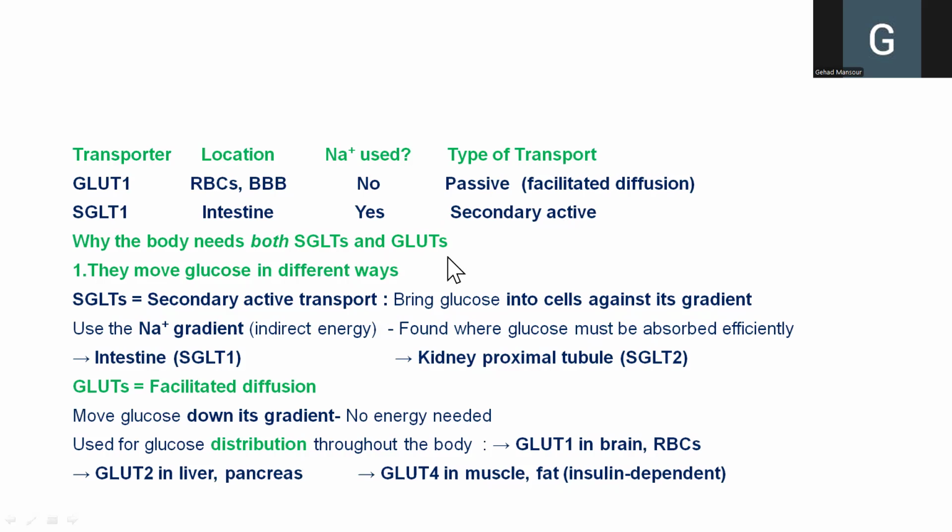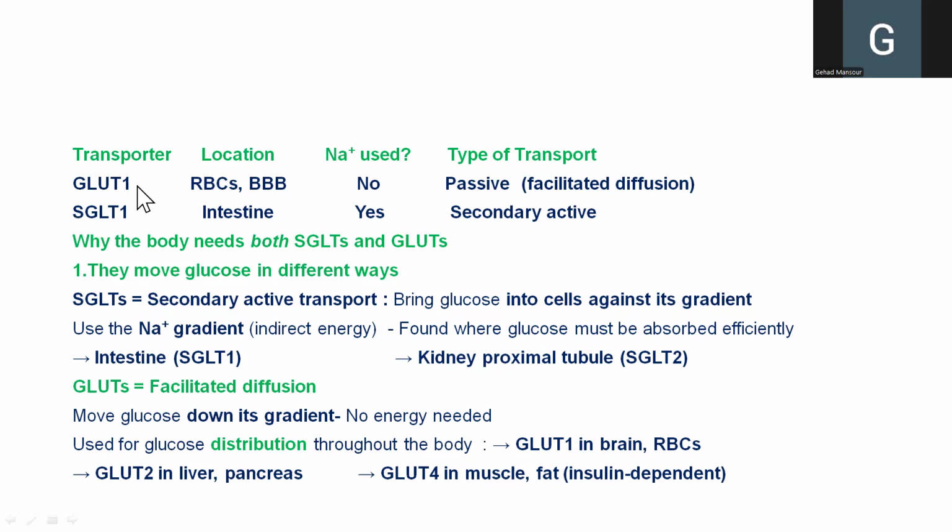But why does the body need two or three or four types of transporters for glucose? First of all, they move glucose in different ways. So the sodium glucose linked transporter is a secondary active transport, and it brings glucose against the concentration gradient, which means that it is capable of accumulating glucose.